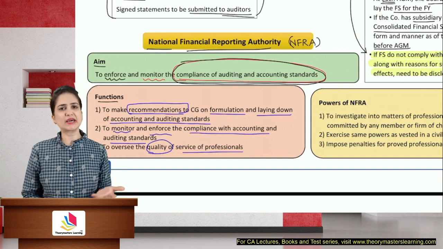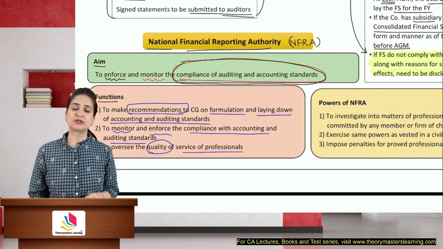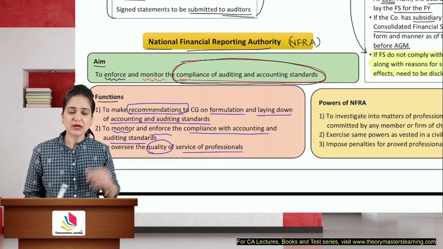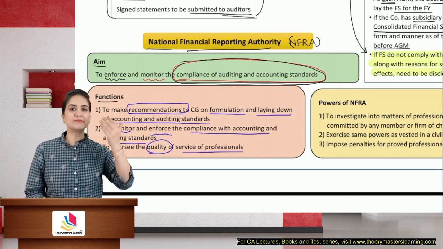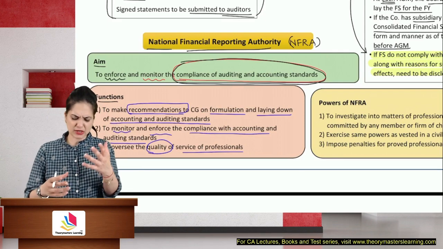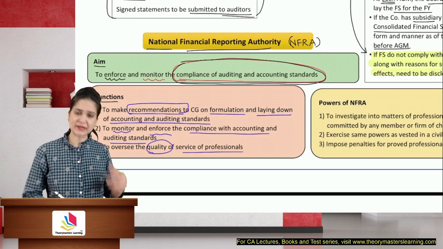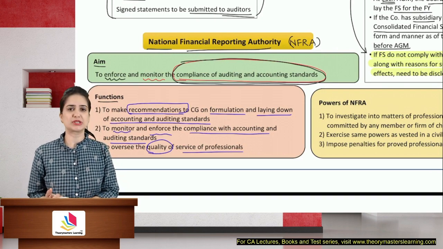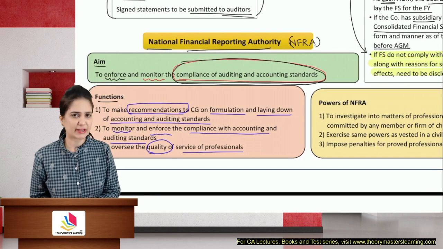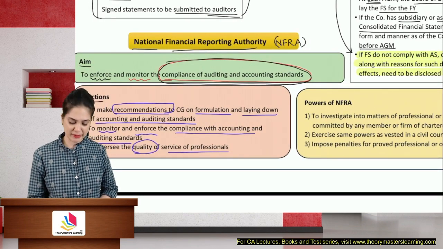So even ICAI has introduced compulsory training hours for chartered accountants who are in practice. So every year they have to attend minimum 20 hours of training and updating their knowledge. So that is something, the quality of professional is something which is ensured by NFRA. So in case a question is asked on functions, there are 3 functions which you will mention.